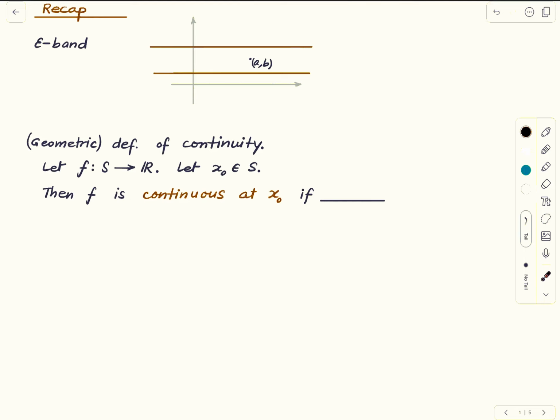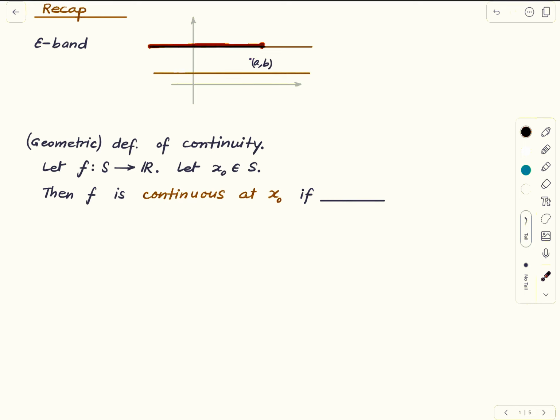In the previous lecture we defined the notion of an epsilon band. So if we have a point on the plane, call it (a, b), and epsilon is a positive real, then the epsilon band about this point is the following region.